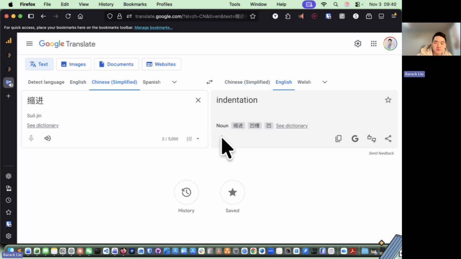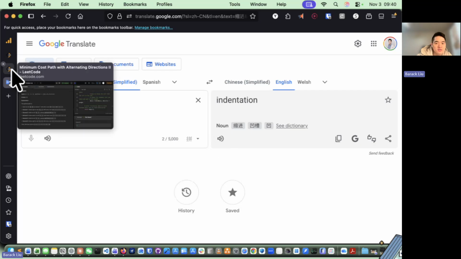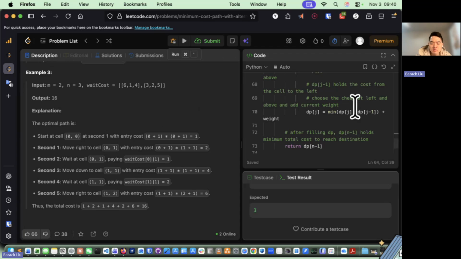Indentation. Okay. Maybe I have some wrong indentation. I'm not sure.